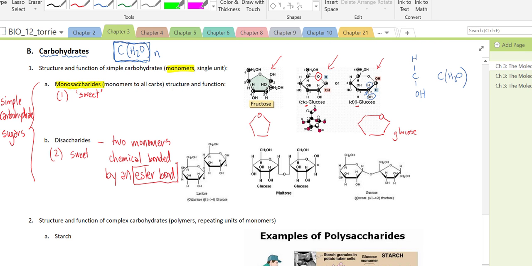So again, go to your flashcards, right? Your little glossary. This ester bond is essentially a carbon, oxygen, carbon bond. And you can see it if I outline it here, all right? And you can see it here, all right? And so again, in simplicity, we don't always draw the carbon atoms.